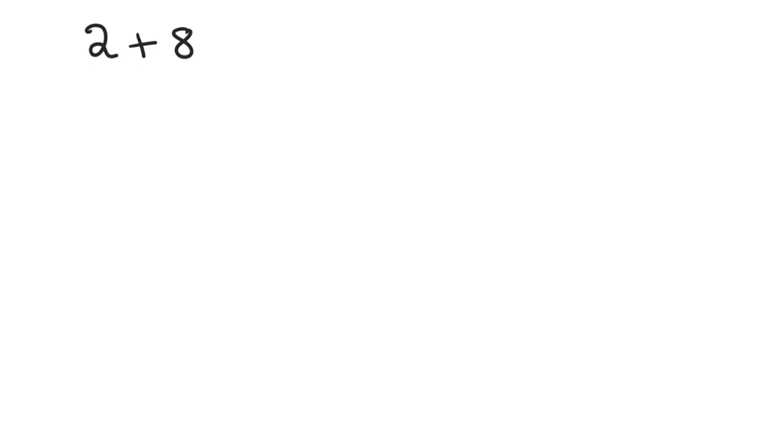We learned that in video lesson number 1. 8 plus 2 is 10. Is 10 a rational number? Yes. So, when two rational numbers are added, the sum is a rational number. Correct? Okay.